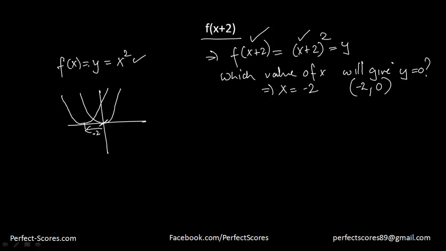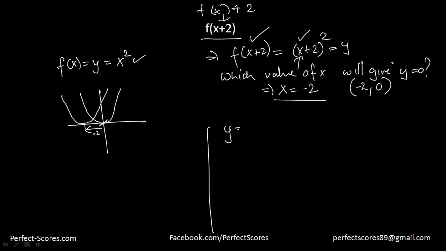I'm going to repeat once again. If y is equal to f(x) and I say f(x + 2), which value of x gives y equal to 0? That is x equal to negative 2. That means the graph is going to shift left by 2 units.